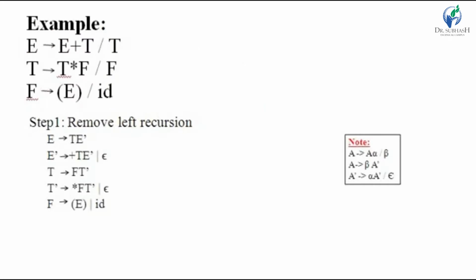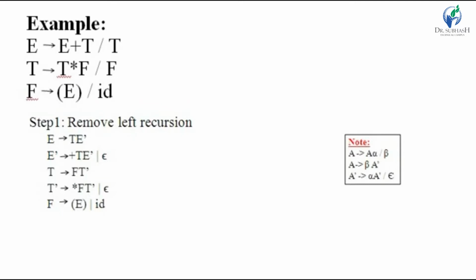Consider the following example: E gives E plus T or T. T gives T star F or F. F gives opening bracket E closing bracket or ID.